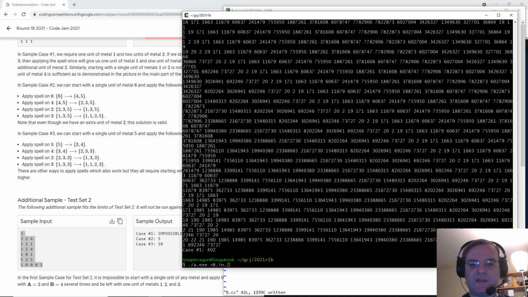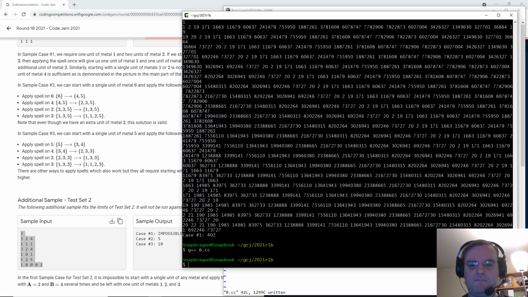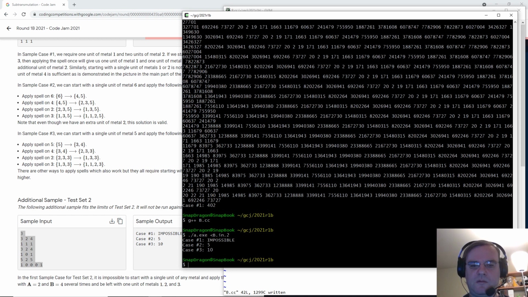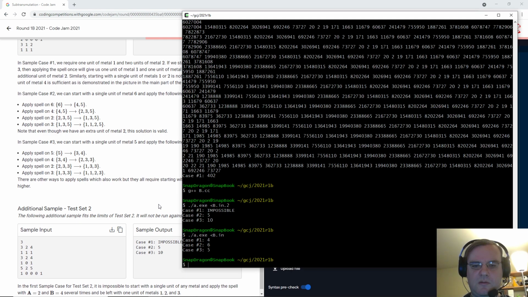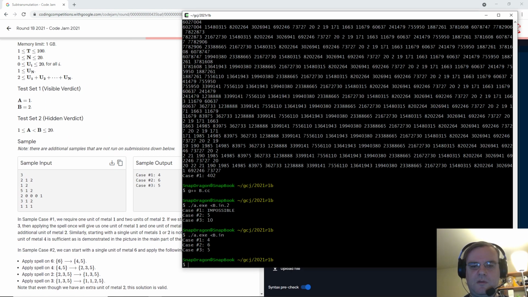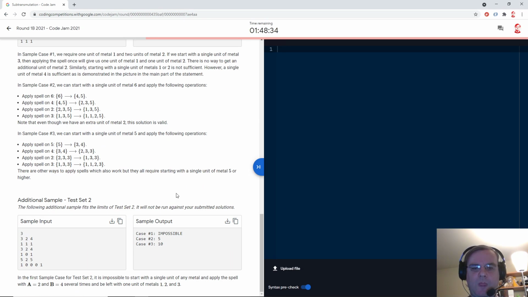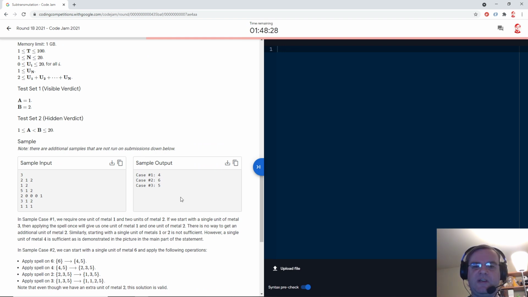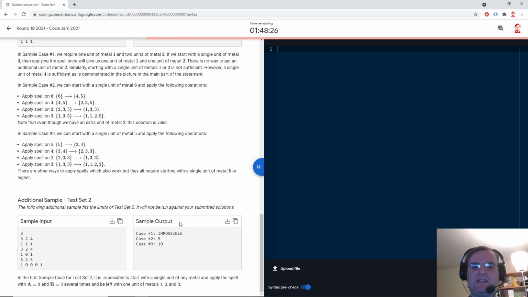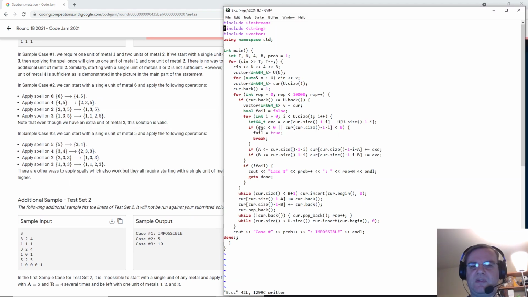Just clean up the code a bit and all right, let's give it a try. Notably, unfortunately, the impossible case does not actually happen in test set 1. That's a bit of a concern.